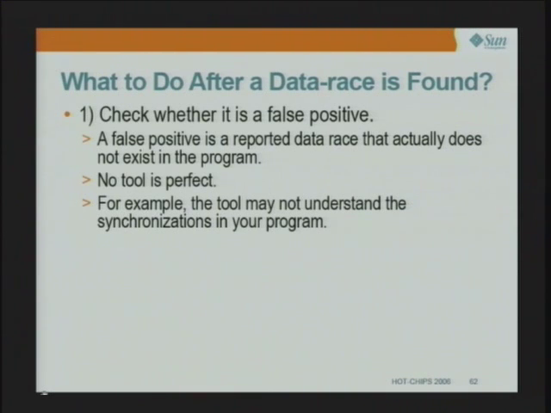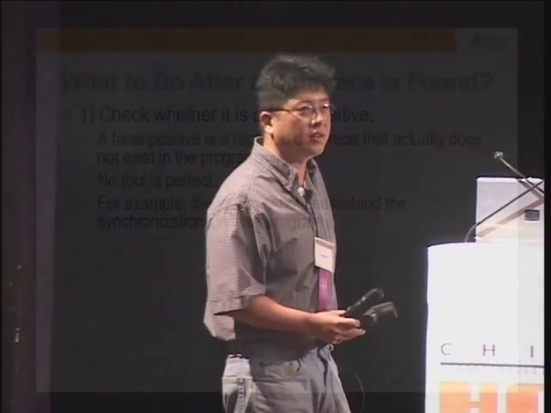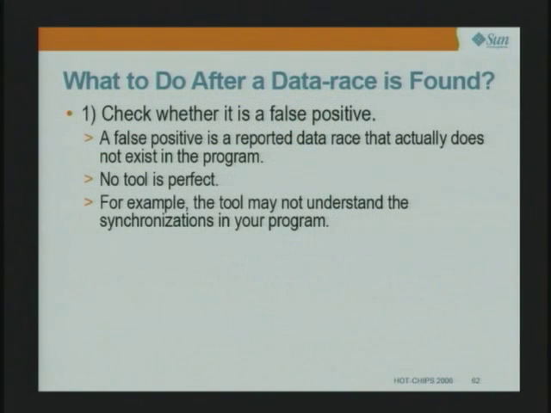So once you have a data race, we have these tools. What should you do after a data race is found? That's the question. It's even more important than how you find a data race. So you need to check whether it's a false positive, because no tool is perfect. A false positive is a reported data race that actually does not exist in your program because of the limitation of your tool.